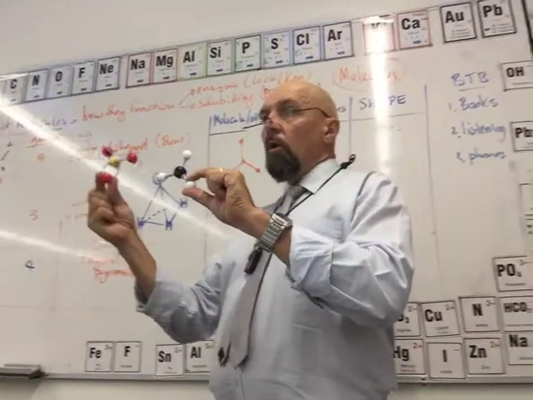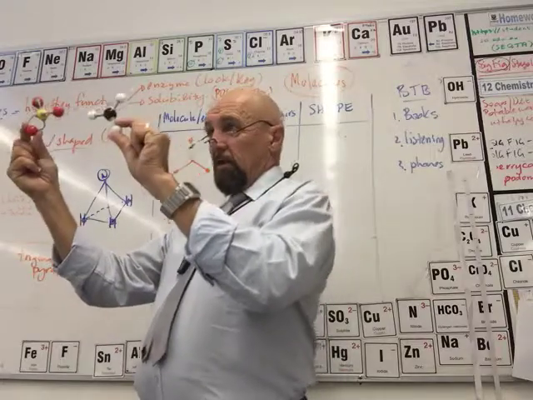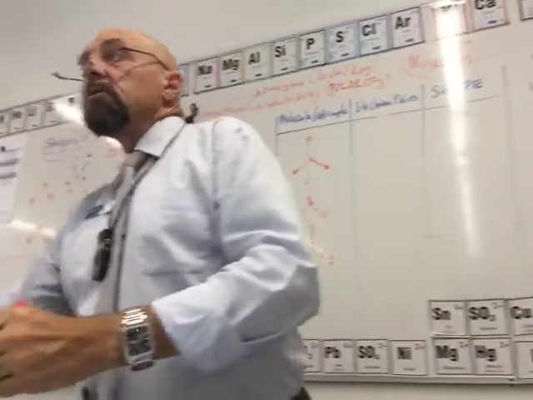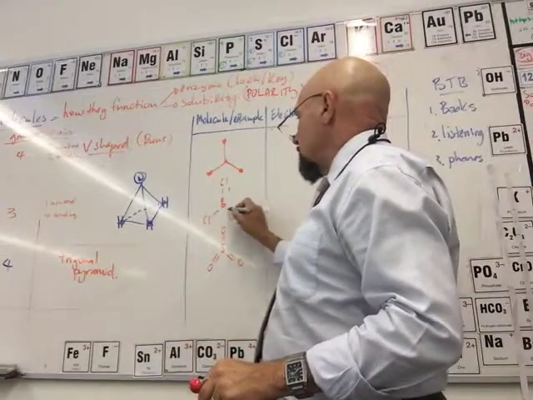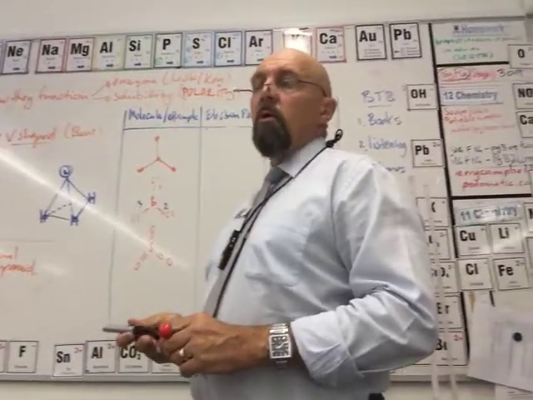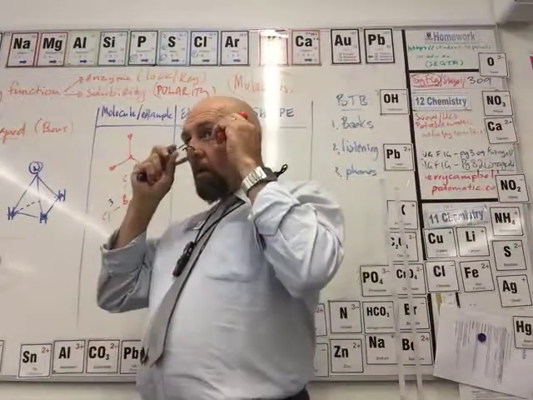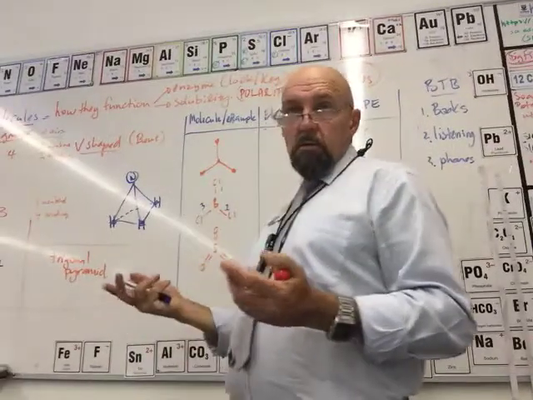So how many groups of electrons does this have? 3. Only 3. Okay. So again, we try and work out how many groups. There's only 1, 2, 3. There are no non-bonding electrons around the central atom. They're all bonded. Okay.